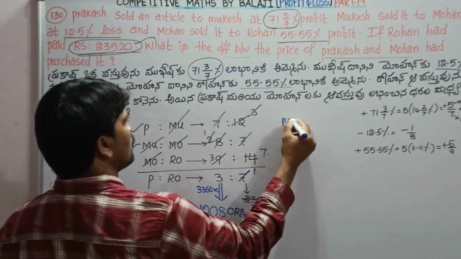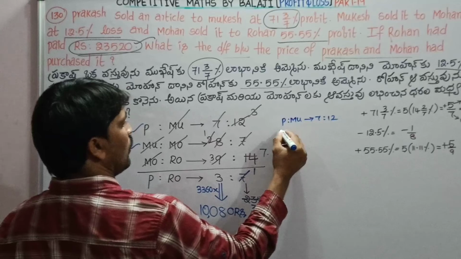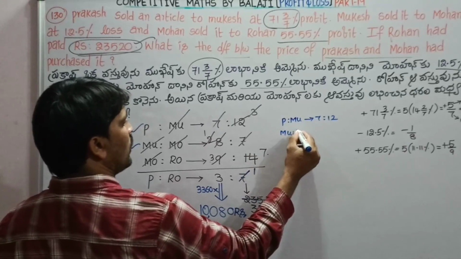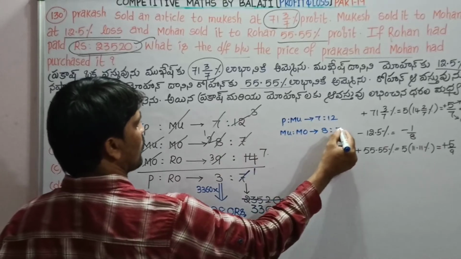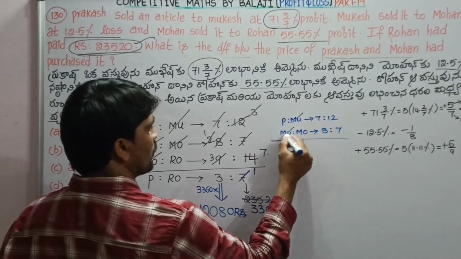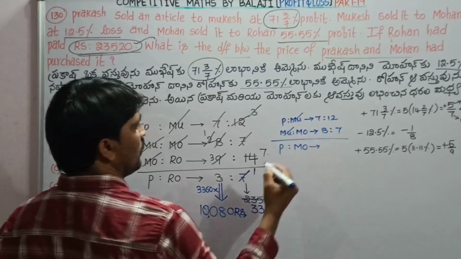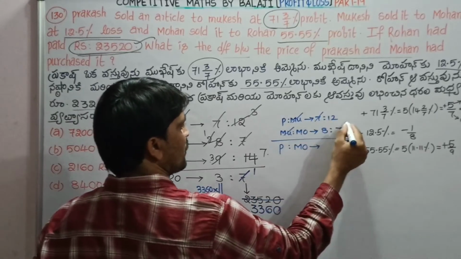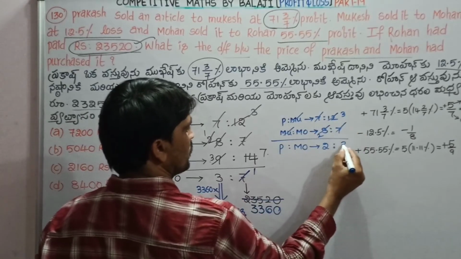Prakash to Mukesh is 7 is to 12. Mukesh to Mohan is 8 is to 7. Now Mukesh gets cut. We get Prakash to Mohan. That is 7 7 cut, 4 2s, 4 3s, 2 is to 3.